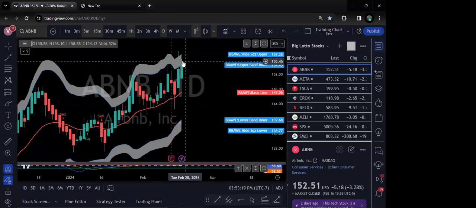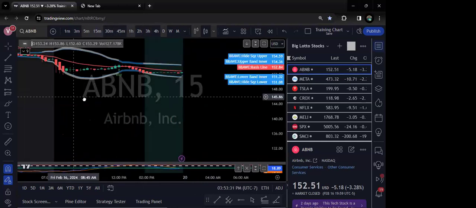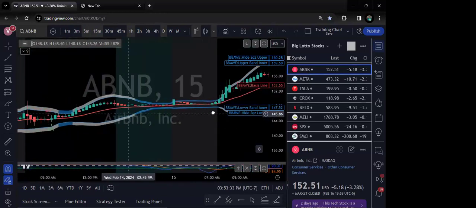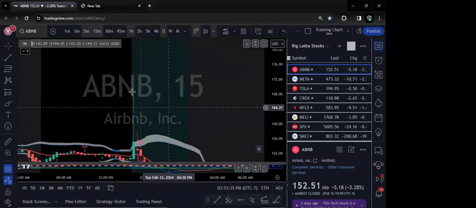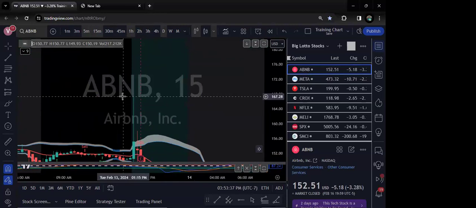ABNB, because it's not much, but look at this. We have 158, and it's actually more than this, it's 164. Sometimes the daily chart doesn't show you that week. You remember when it reported earnings? 167.